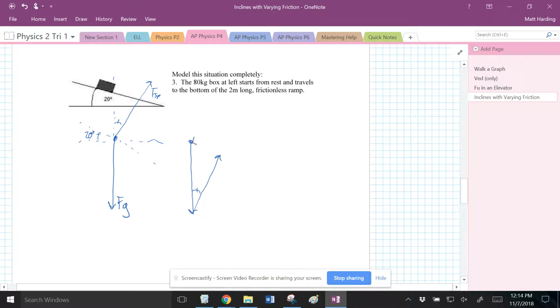That's FG, that's FSP, that's FG. Or it could be FS. There's a problem, which is friction. Oh yeah, that's true.